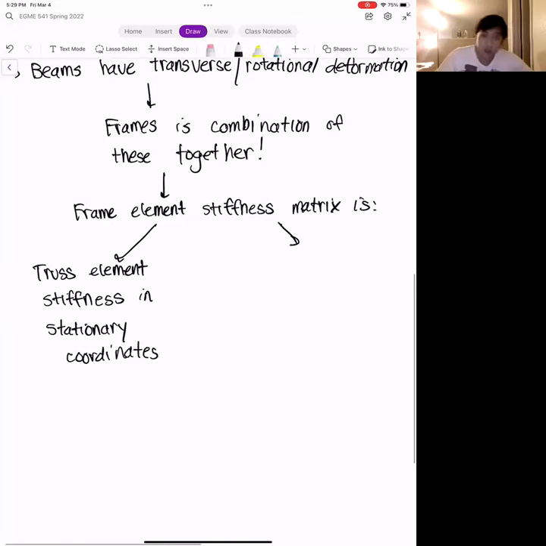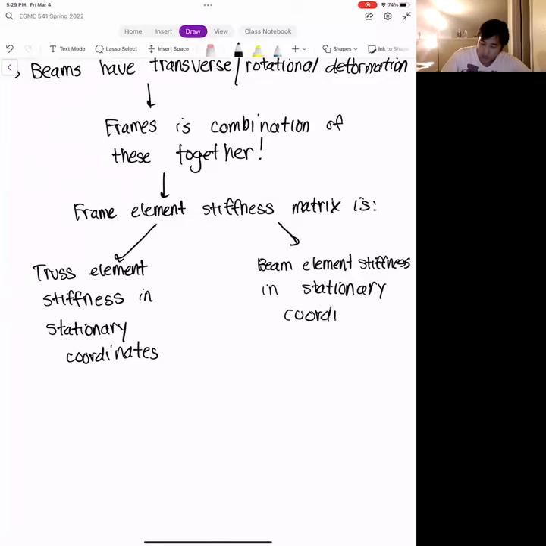Okay, and then we have the beam element stiffness matrix in the stationary coordinates. Right. We had to derive this, and so we didn't actually go over the beam element stiffness matrix in stationary coordinates, in the beam unit, because we were focusing just on the local coordinates.